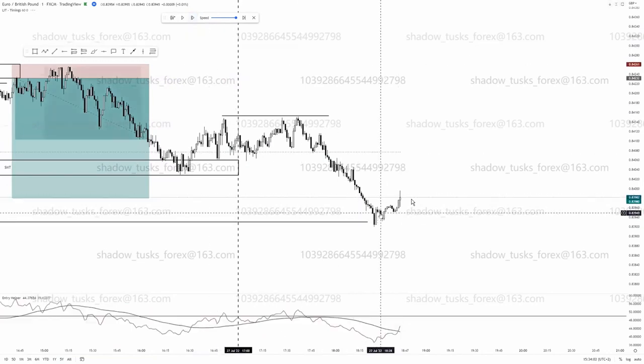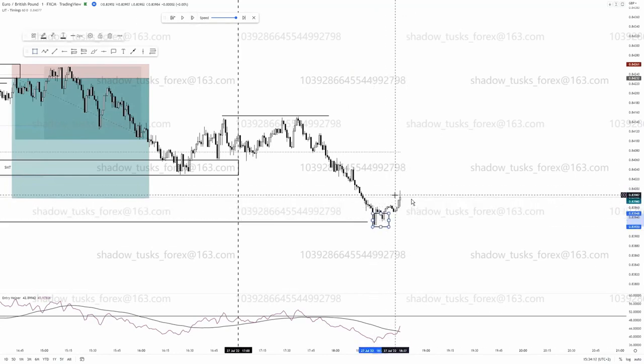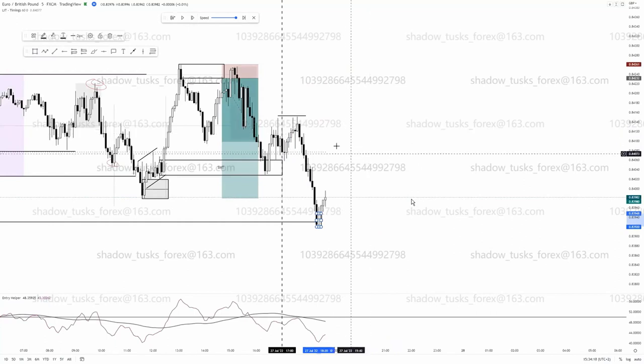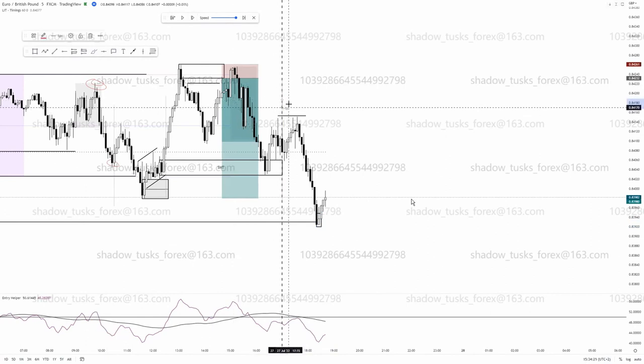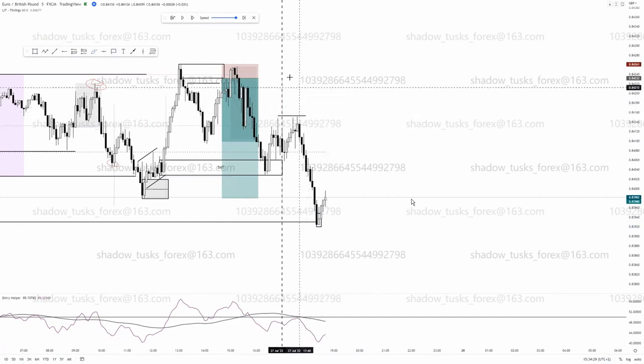Potentially, if you wanted to be really, really aggressive, you could look at this. Where would be the most sensible TP? Well, we do expect it to just be a pullback. So normally it would be some kind of mitigation, but your mitigation is up here. And what does your mitigation lie on? Liquidity. So probably this is best for your target.